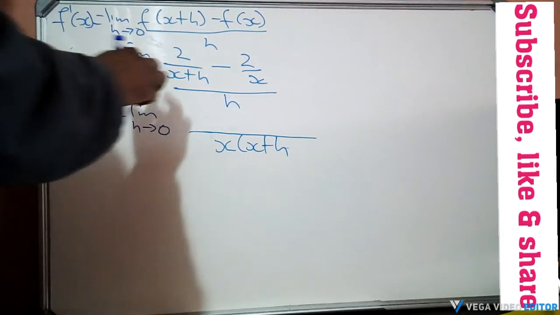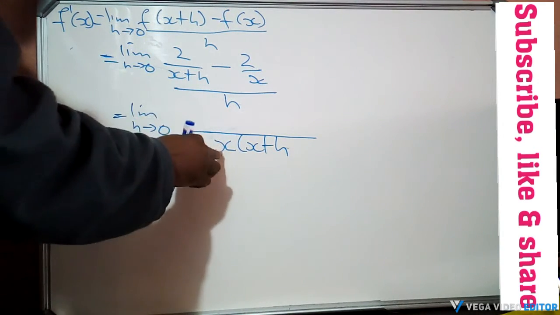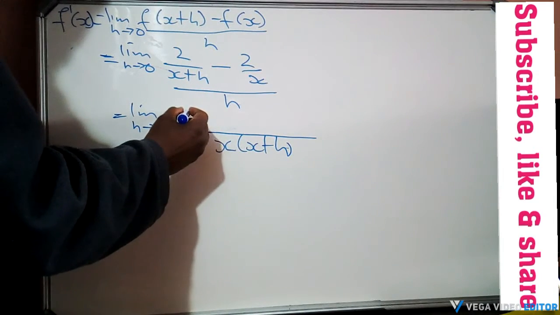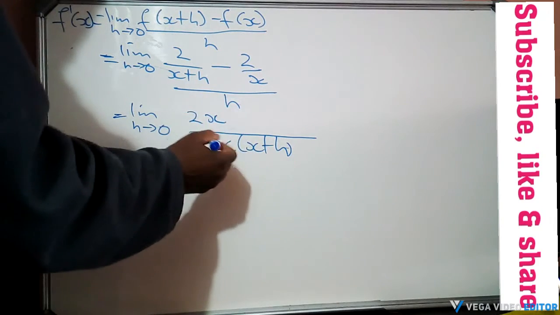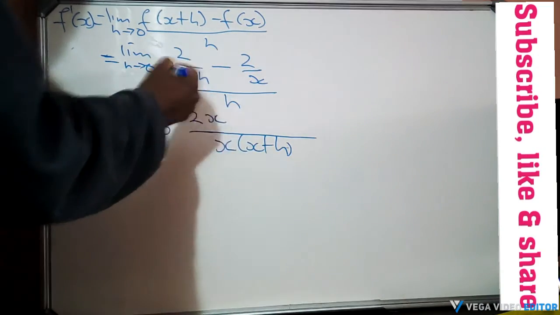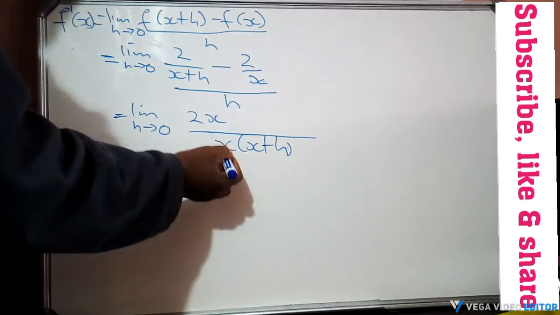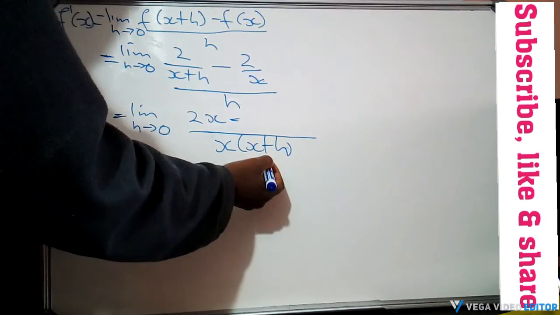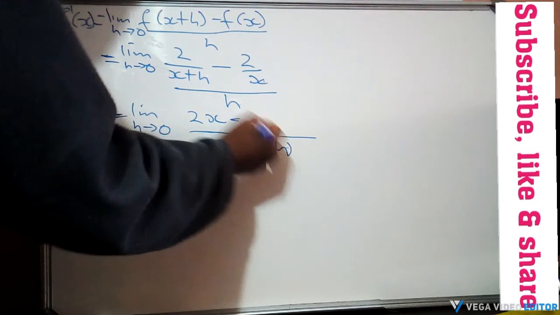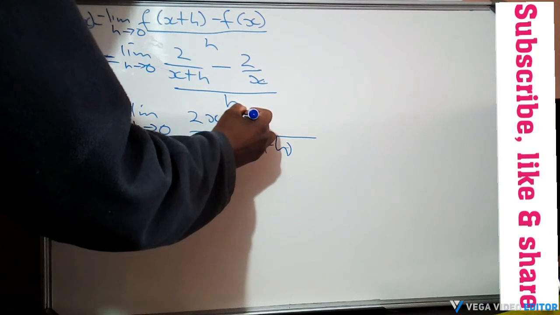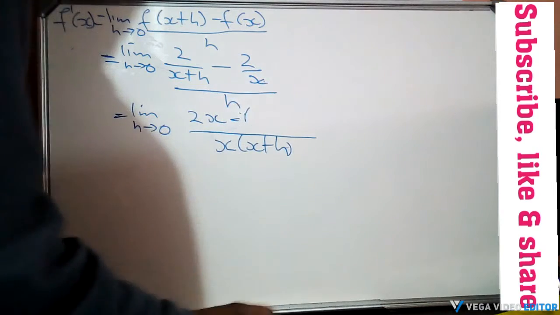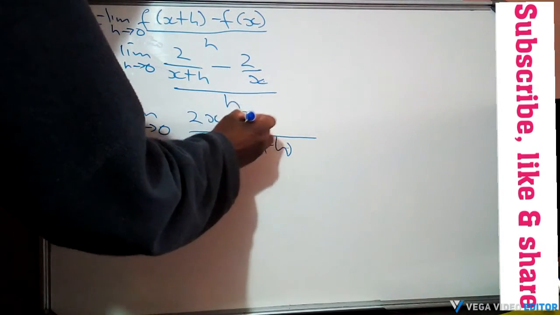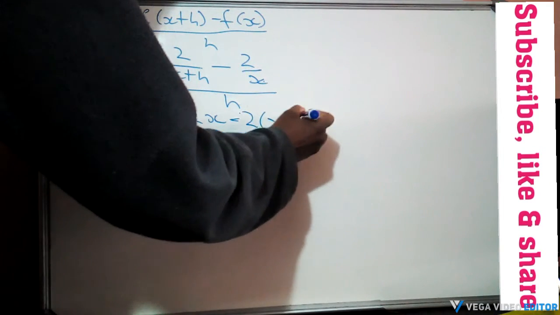So x plus h into x times x plus h, you'll have x. This will give us 2x, that is 2 times x. This one into that one will cancel, and then we'll have 2 times x plus h. So this will give us minus 2 times x plus h.